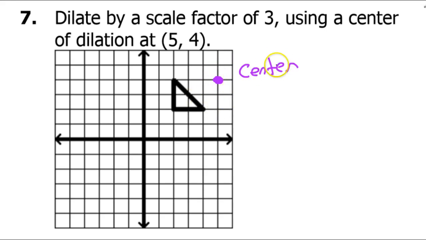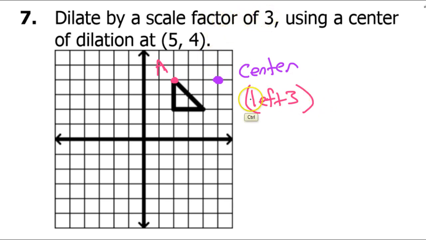Okay, so now let's do this one point at a time. So let's call this point A. To get from the center to point A, you simply have to go left 3. But the scale factor is 3.